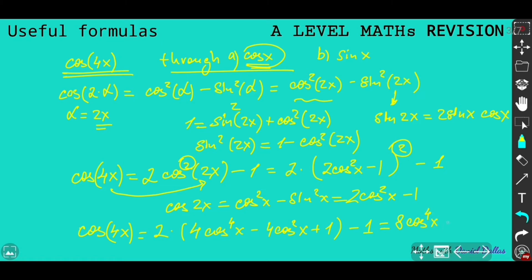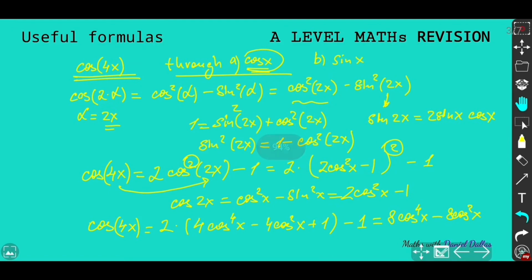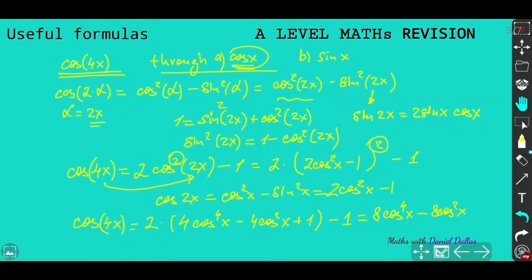and in the end you need plus 2 and minus 1 is going to be plus 1 finally. All right, so we've got the expression for cos 4x, and we completely expressed cos 4x through cos functions, as you can see here and as the question required.